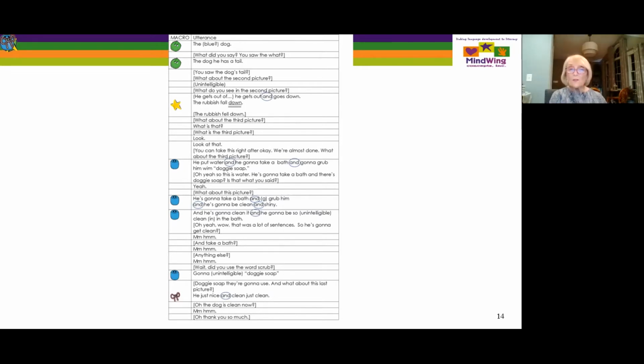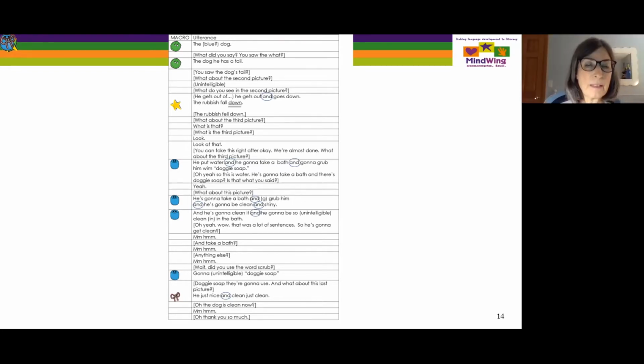Mm-hmm. And of course, you know that the macro is the story grammar structure, the narrative structure, but it's put together by the sentences that children use. And we were thrilled to see all the cohesive ties here. Yes. And we were thrilled to see that he had character and he had setting and he had actions and he had the resolution at the end.